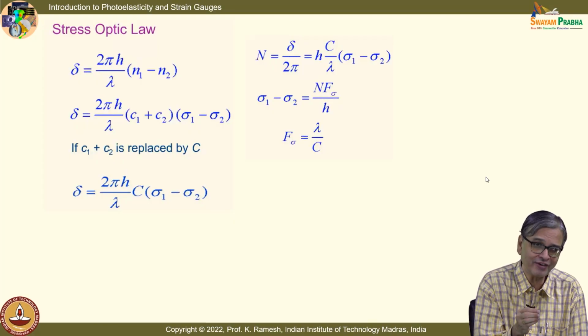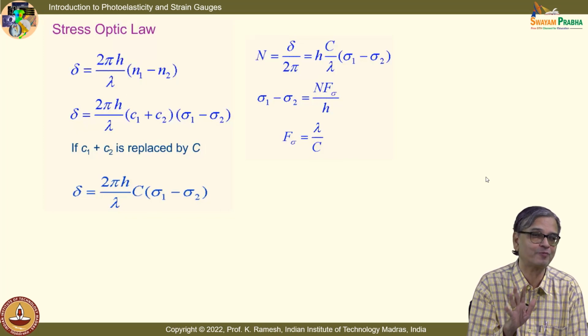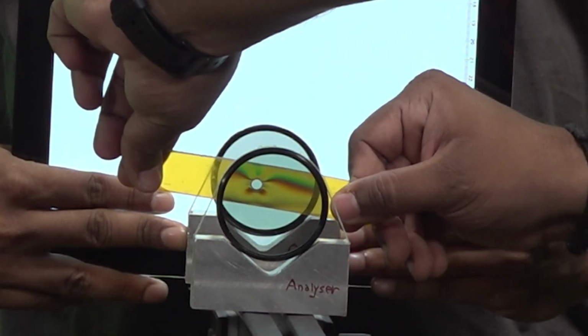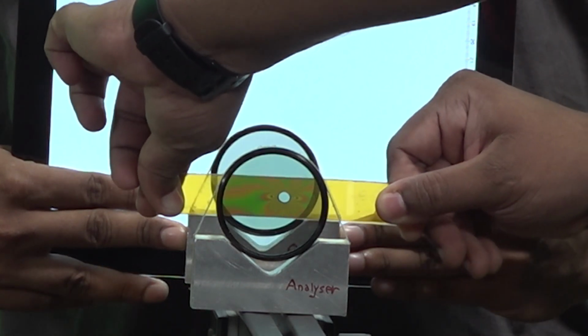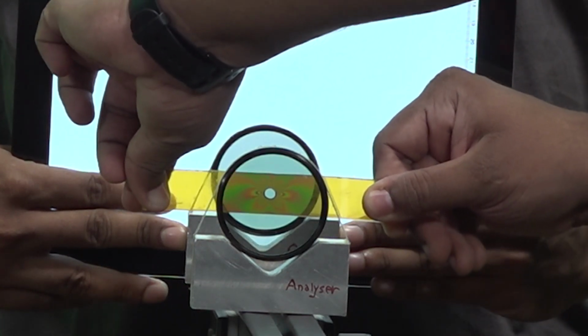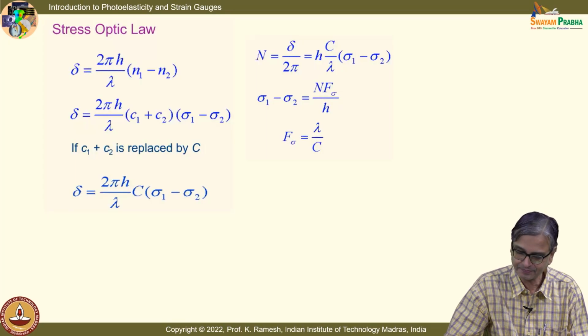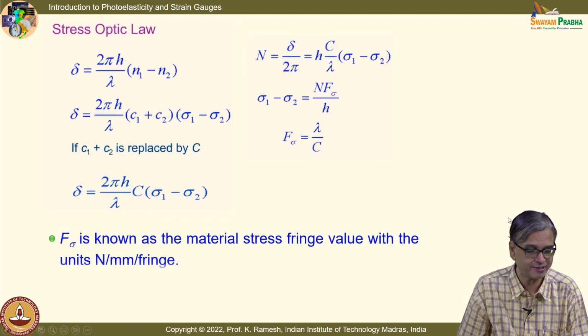So at a point of interest, the principal stress directions behave like the optic axis, what we have seen in a crystal. And this happens only when it is stressed. When it is not stressed, it will be like a normal material. When I put it, the light will be cut off if the analyzer is perpendicular to that. So it is beautiful. It is nature's gift to humanity.